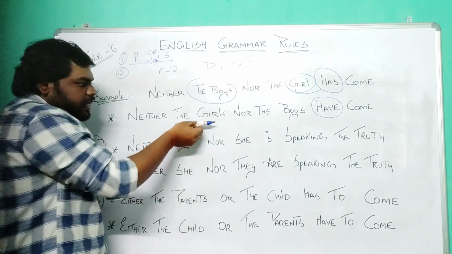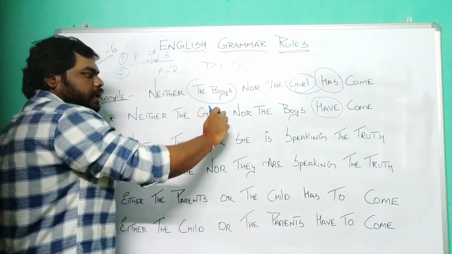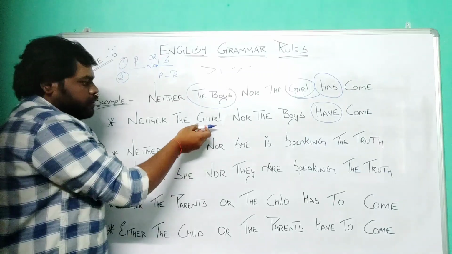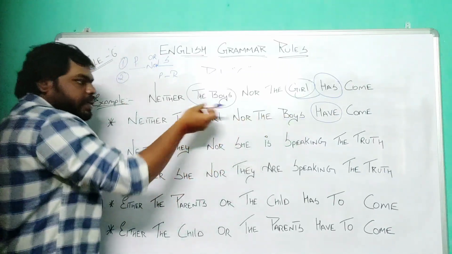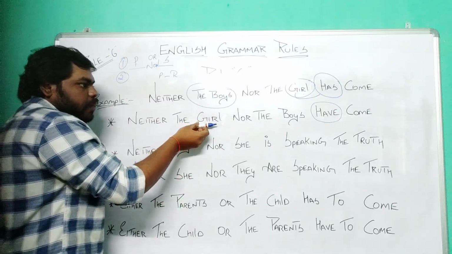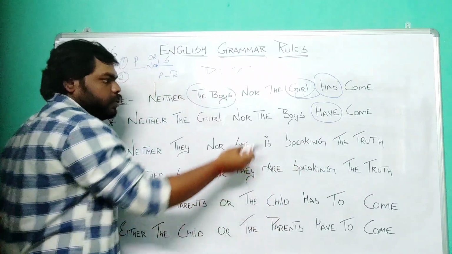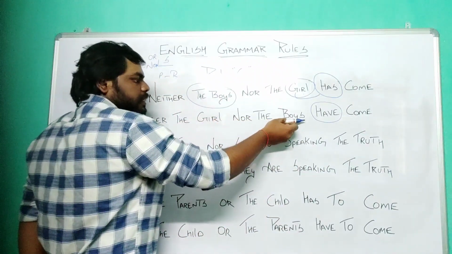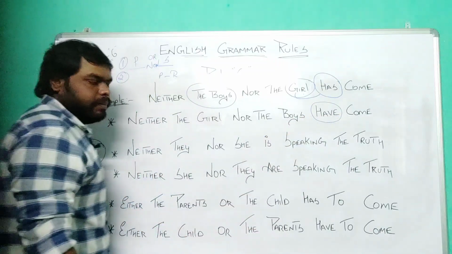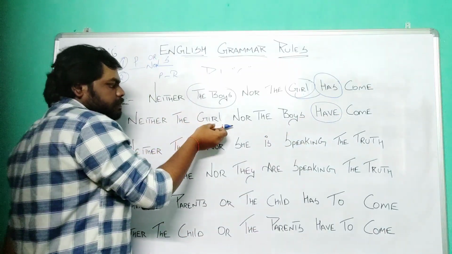If we change this as girls, the sentence by itself will get invalid, right? So we cannot change the sentence, but we can change the formation of it. So that is why we are placing the plural subject along with the plural verb to make the sentence grammatically correct, right. Grammatically, the subject should agree with the verb, right? So that is why we are reframing the sentence like this.